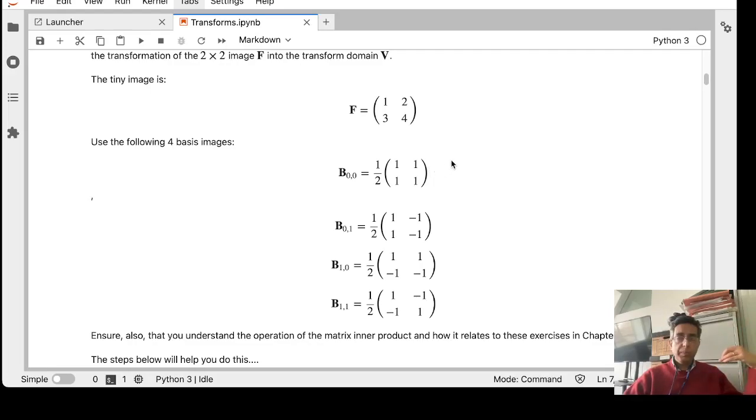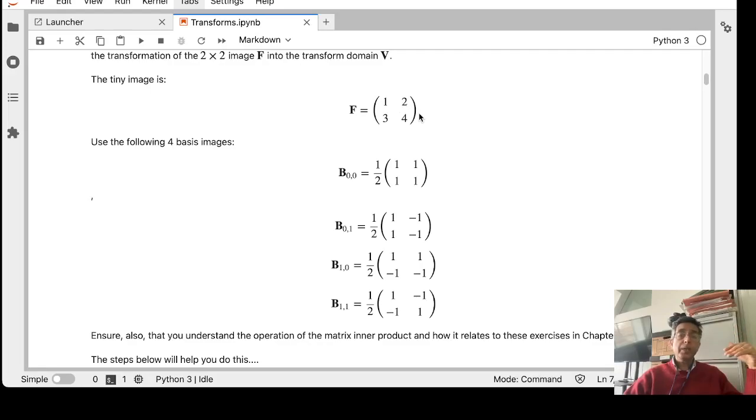And so you can begin to see that as you scale the size of the image, let's say we restrict ourselves to square images, and we call that size n. In this case, n is 2, because we have 2 rows and 2 columns, so it's an n by n image.